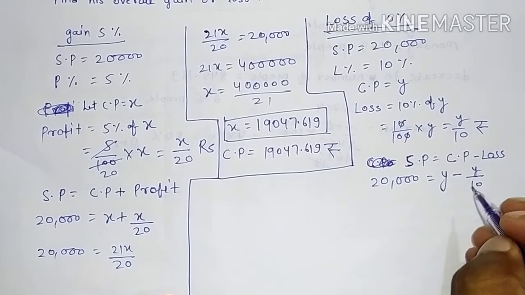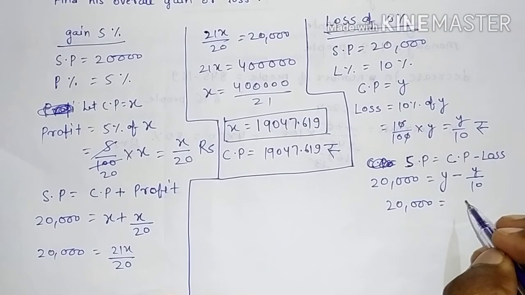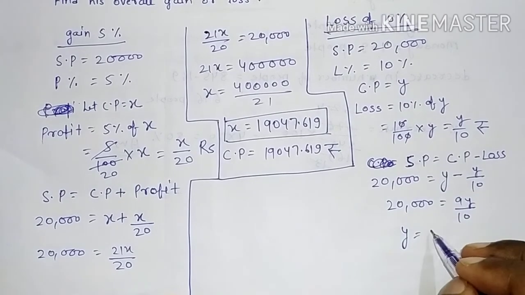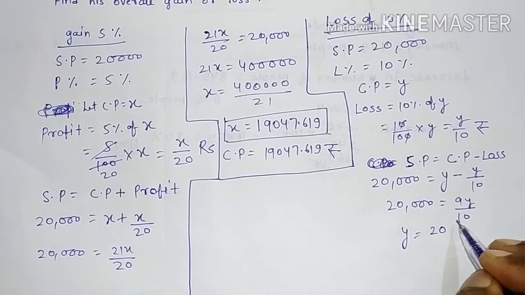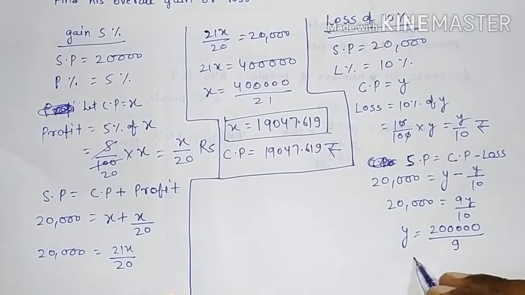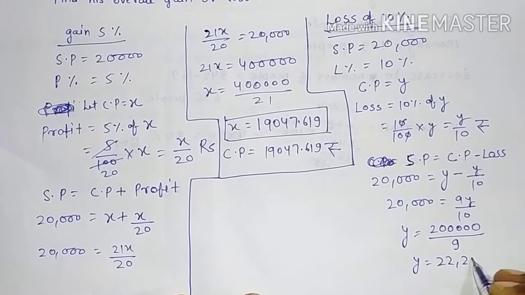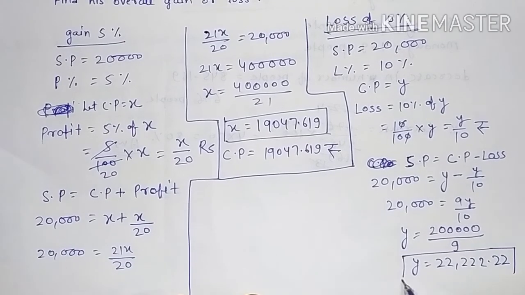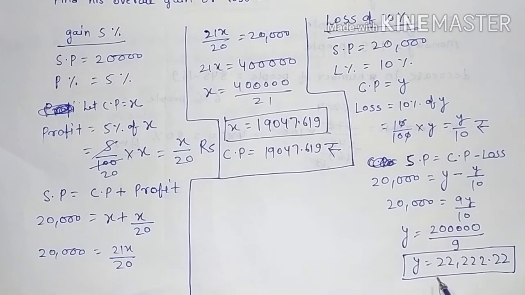Just simplify this. So 20,000 equals 10Y minus Y, that is 9Y upon 10. So Y equals 20,000 multiplied by 10 divided by 9. So Y equals 22222.22. So the CP of the other buffalo is this.